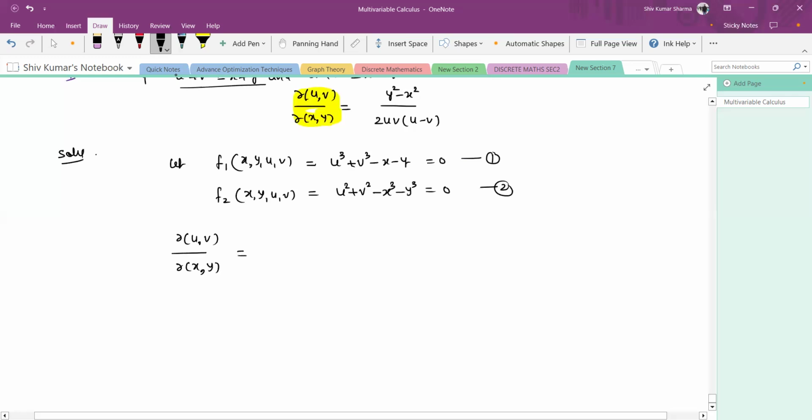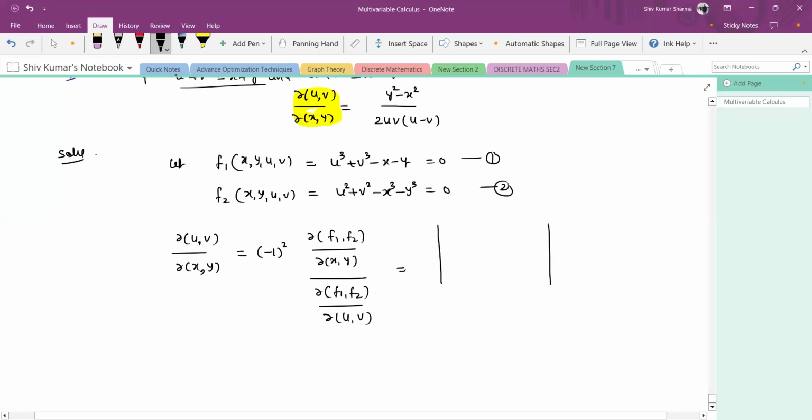We have two functions f1, f2, so we write minus 1 raised to the power 2 into del(f1,f2) with respect to xy upon del(f1,f2) with respect to uv. Okay, minus 1 raised to the power 2 means positive.